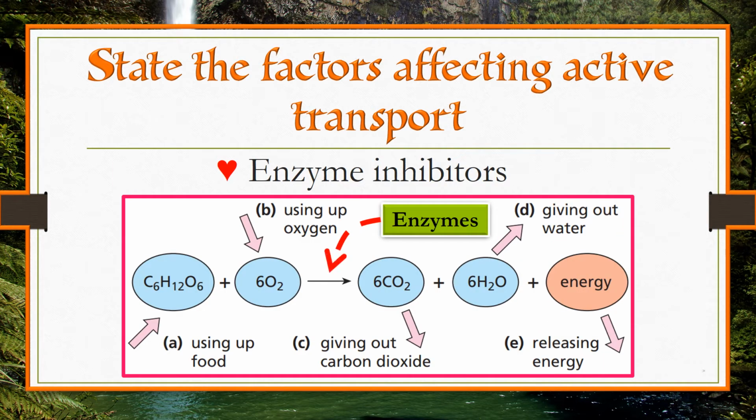Therefore, we can conclude that enzyme inhibitors affect active transport, because when the enzymes are affected, they cannot work well, and therefore the rate of reaction will be low, and the amount of energy we are going to produce is going to be little, which is going to affect active transport.